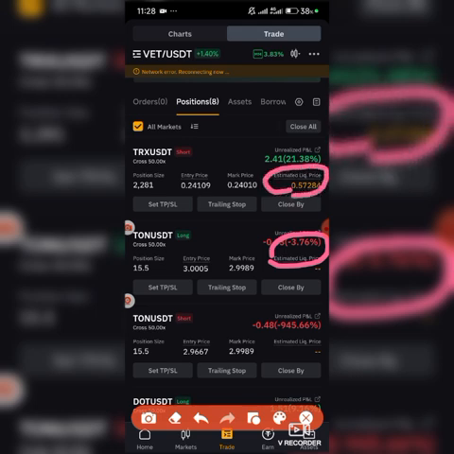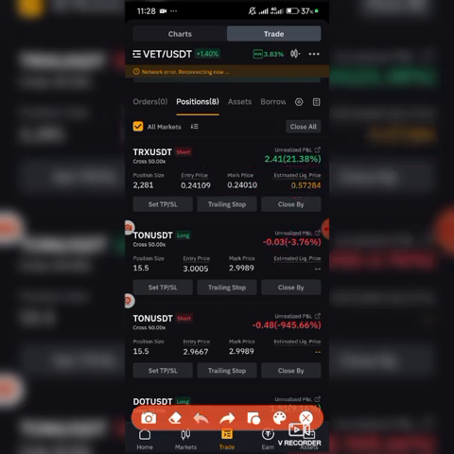Can you see this is the liquidation price? The entry price is 0.24, right? And the market price is 0.24. Now look at the liquidation, it's still far. It's still far. So to let you know that you can't get your account liquidated, it doesn't liquidate once you follow the instructions here.